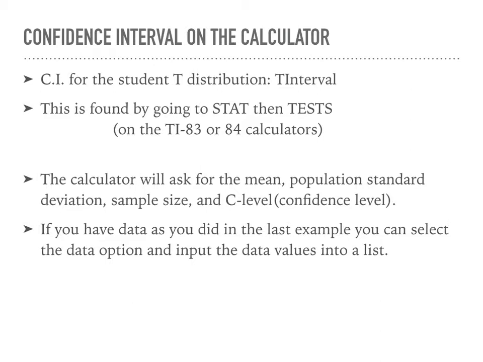The function you would be using on a TI-83 or 84 calculator would be the t-interval. Both of these calculators have this, and you'd find it by going to Stat, over to Tests, and then scrolling down a ways.